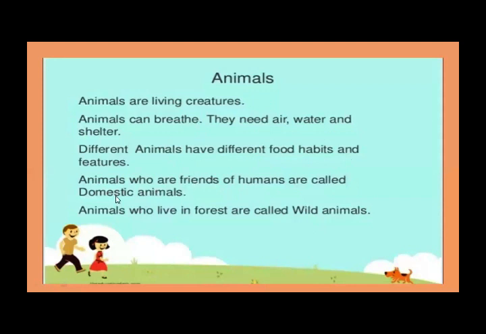They can live with us in our home because they are friends of humans, like cats, dogs, parrots. And the animals who live in the forest, forest means jungle, are called wild animals. That means they are very dangerous. Wild animals cannot live with us. They can hurt us, like tiger, gorilla, bear, cheetah. Okay, are you clear on this?